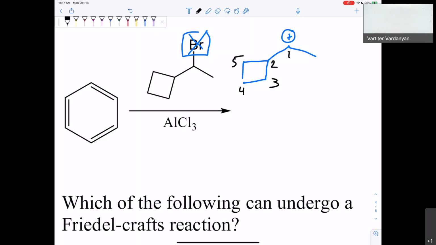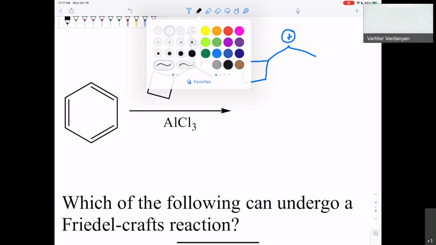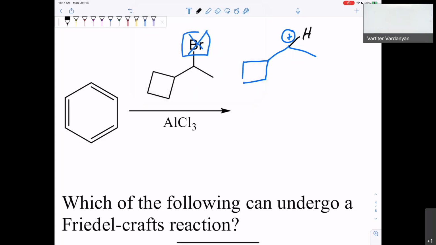And what I'm also going to do is first draw out the hydrogens for you. So we have one hydrogen here. Since it's a plus charge, we only have one. We have one hydrogen here. 2, 2, 2. Now again, carbon 1, carbon 2, carbon 3, 1, 2, 3, 4, 5.